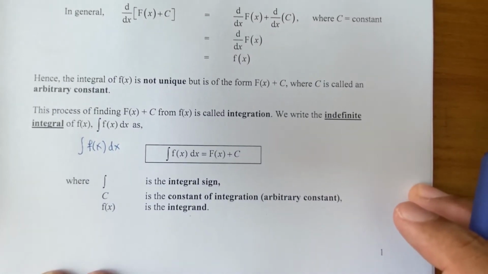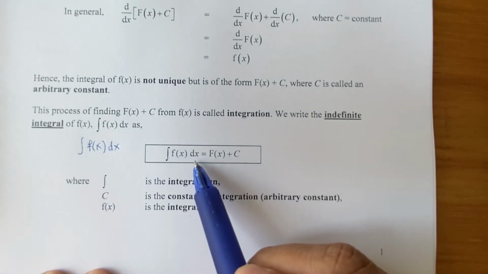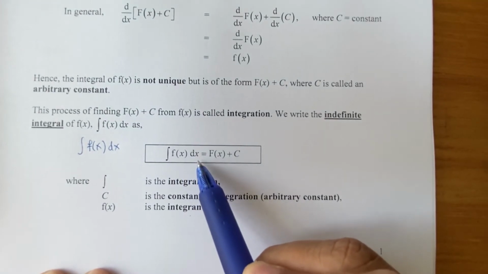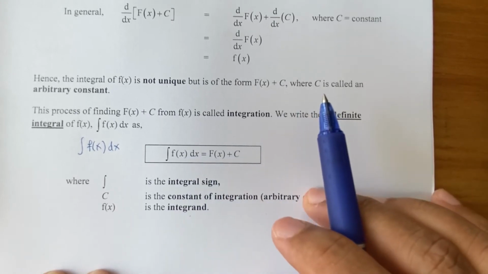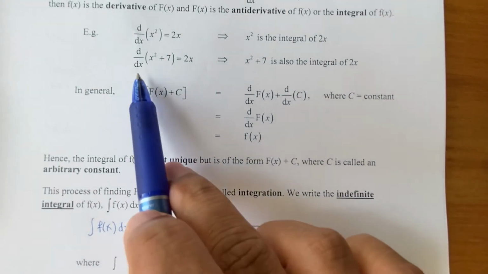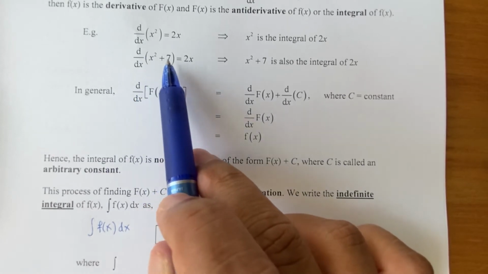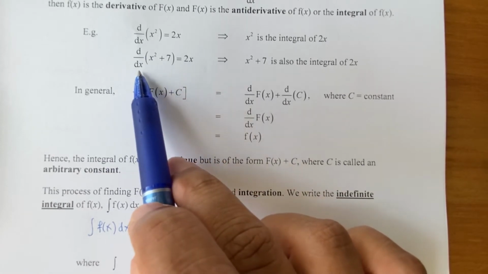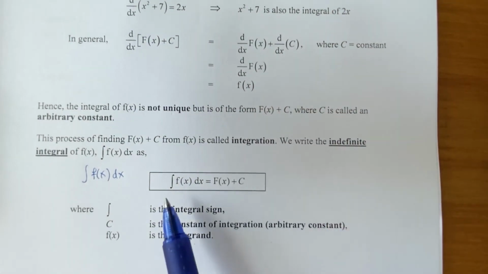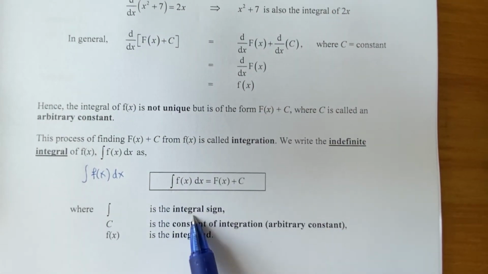Now, remember this dx is the same as the d/dx, okay? So if we have d/dx of x squared plus 7, we say that we differentiate x squared plus 7 with respect to x. So this symbol is the integral sign.